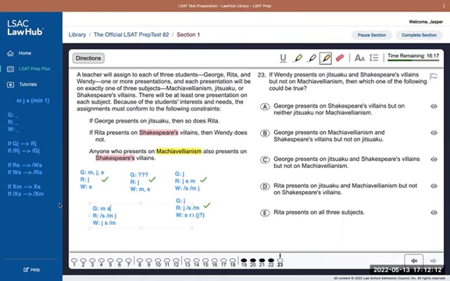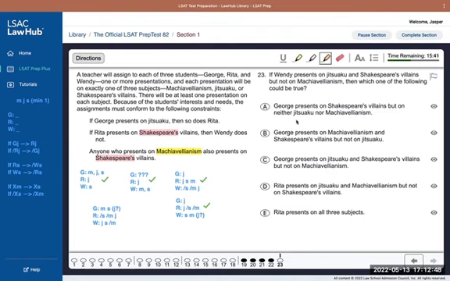G could present on J, nothing wrong with that, right? We already know that R presents on J. So if G presents on J, that's not going to pose an issue. We're not going to end up breaking rule 1. G doesn't have to present on J because the rule doesn't go backwards, right? But G could. So J is an option for G. Okay, so now we've really only got 2 options, right? We've got one where G presents on J and one where G does not.